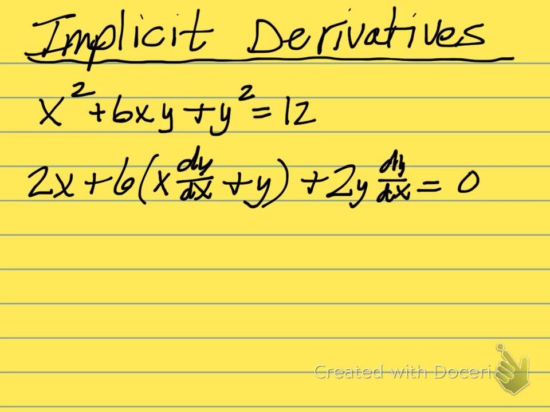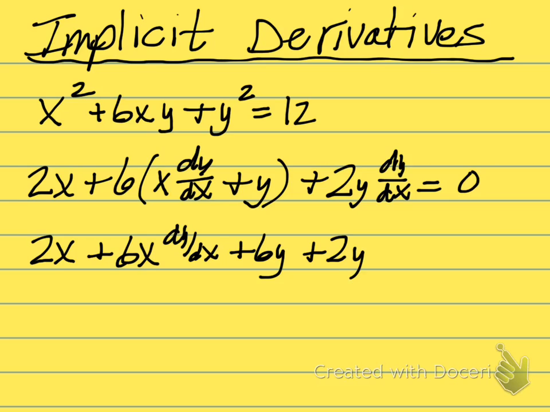Now, again, with this common mistake, remember we had this constant multiple of 6, so now we must distribute the 6 into our product rule. So we're going to end up with 2x plus 6x dy/dx plus 6y plus 2y dy/dx equal to 0.